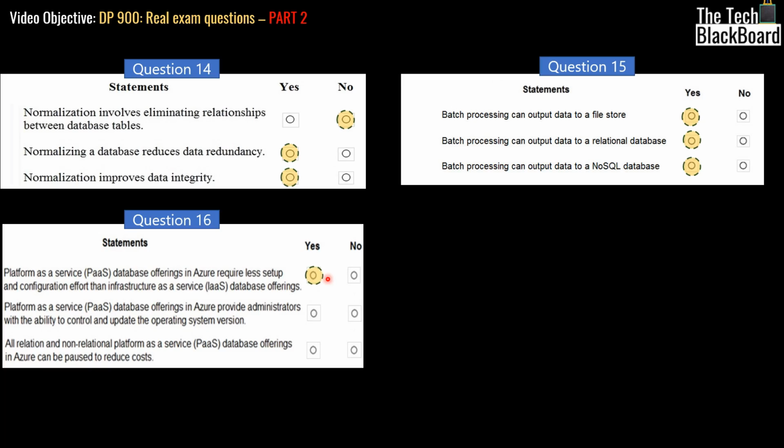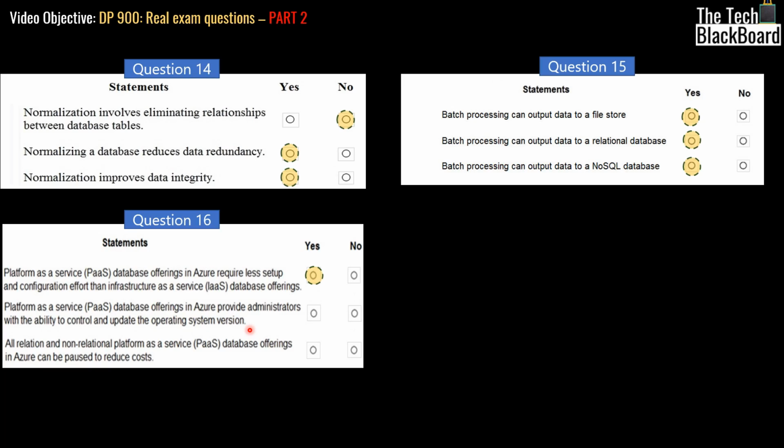Now let's move on to the second statement, which says PaaS data offerings in Azure provide administrators with the ability to control and update the operating system version. If you go to the Azure portal and try to provision a PaaS database like an Azure SQL database, nowhere in the process will you be asked to select the operating system, right?